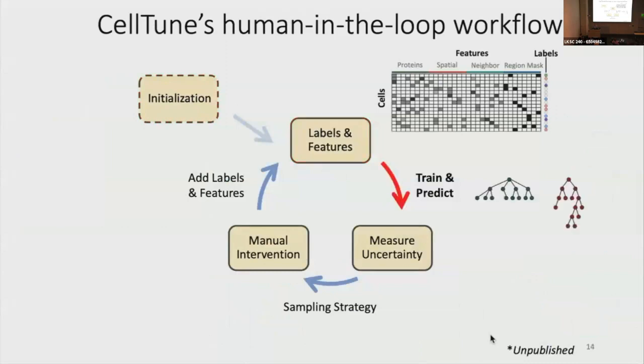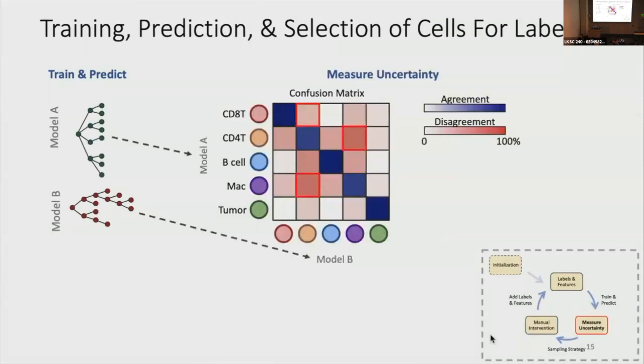We train and predict with gradient boosted decision tree models like XGBoost and CatBoost because they are very fast. They're very good at learning from tabular data when you don't have tons of labels. So what we do is we take actually two different models and we get the predictions from each one and we compare them to each other.